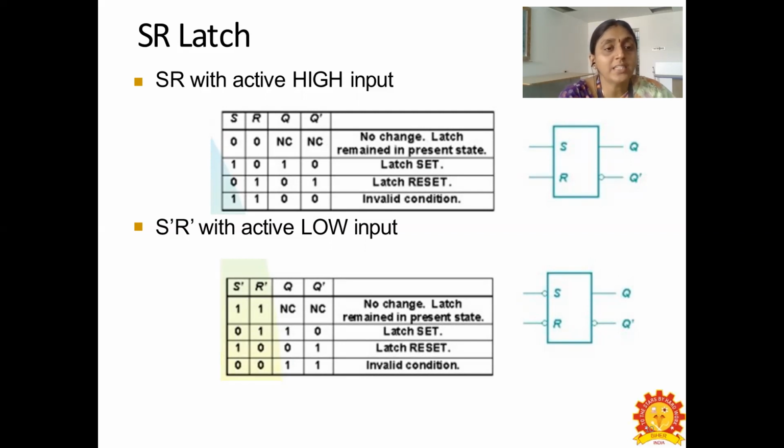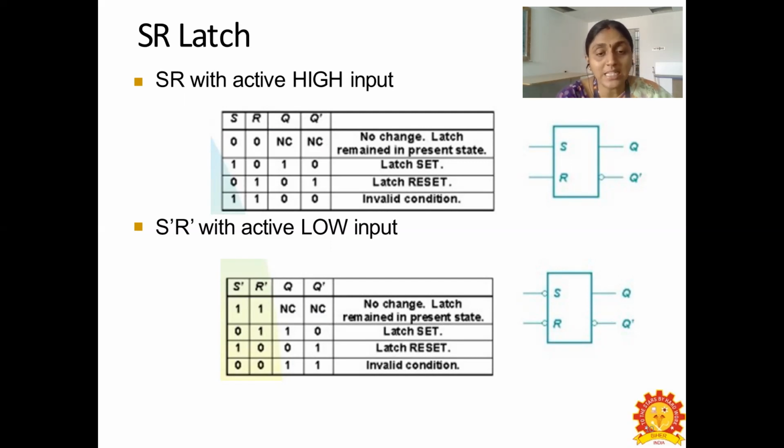And next we have S dash R dash with active low input. When S dash and R dash are both 1, there is no change. The present state remains in the latch. When S dash and R dash are 0 and 1 respectively, then the Q value is 1 and Q dash is 0, which is the latch set condition.